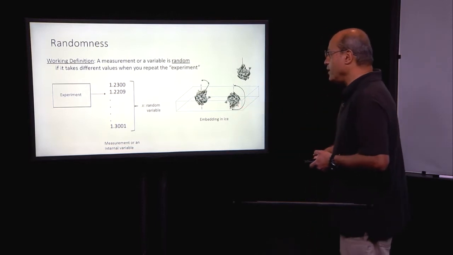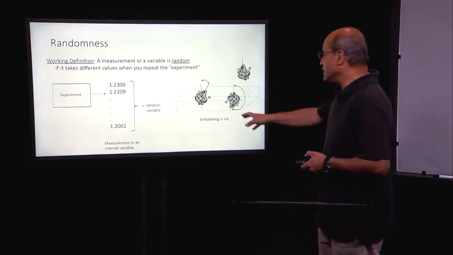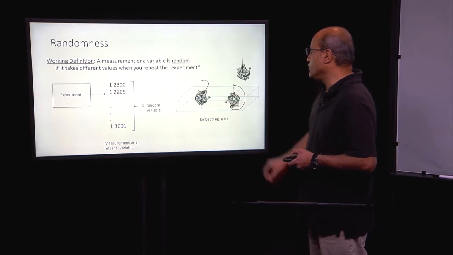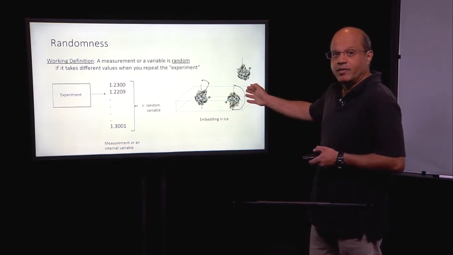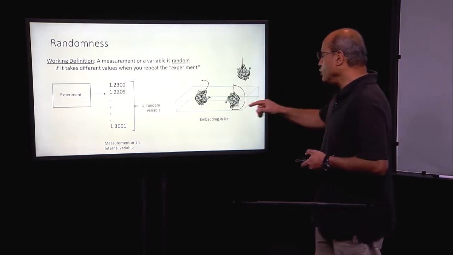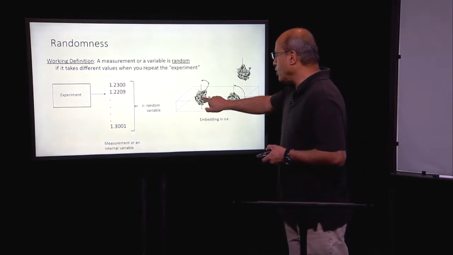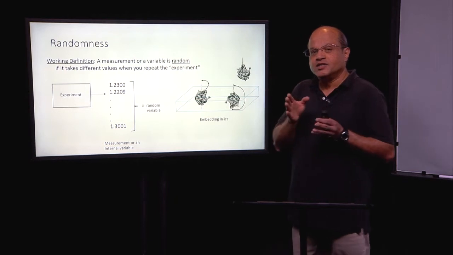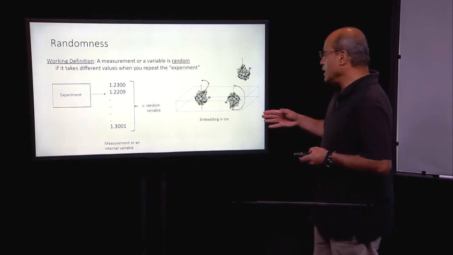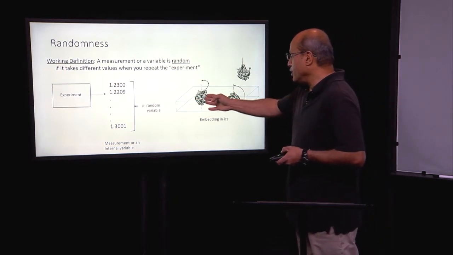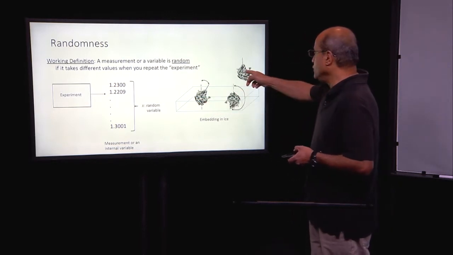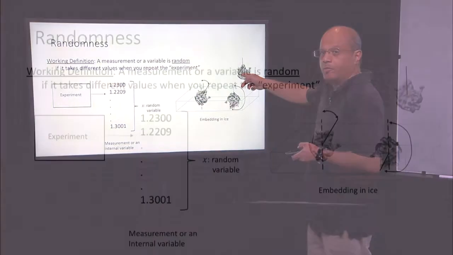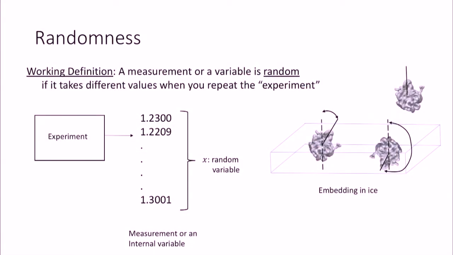But that embedding is random in the sense that the orientation of the particle inside the ice is not always in the same direction. So if you think of embedding of any one particle as a single experiment, then you can attempt to measure its random orientation by doing something like this. We associate an axis with the particle that is fixed with the particle.